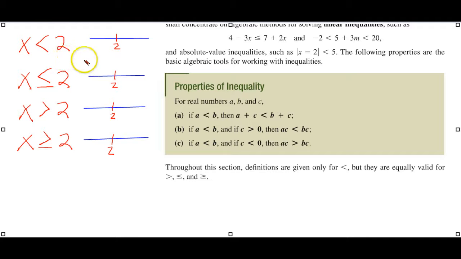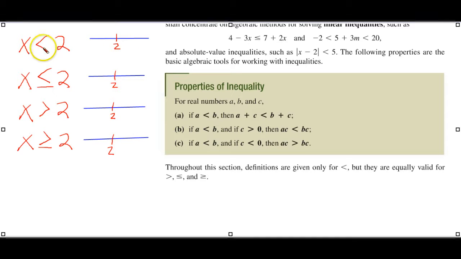Now, often we are asked to graph an inequality, so I've set up a portion of a number line for each of these, and the number we're interested in is 2.